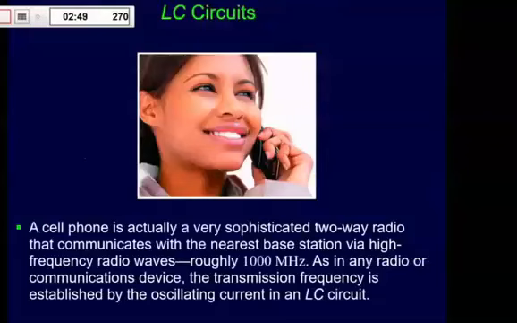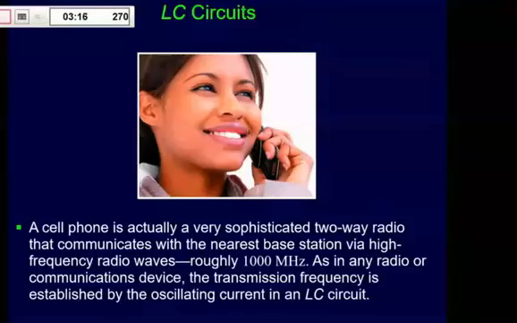Here's basically any kind of thing that accepts radio signals, any kind of communications device. There are all these signals all over the place with different frequencies. And if you have an LC circuit, it's just like when we talked about resonance back in 2A.